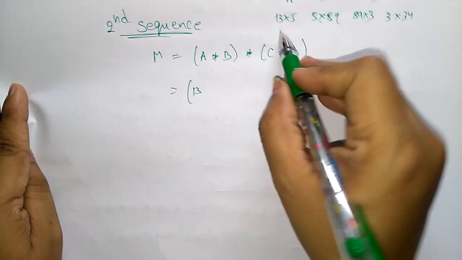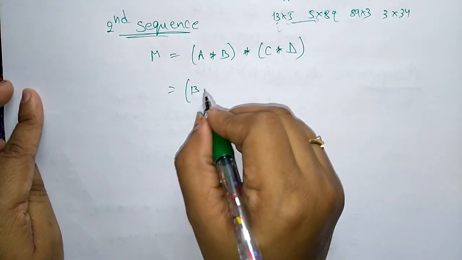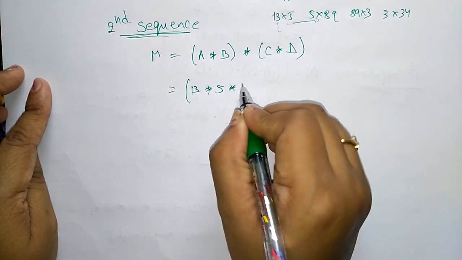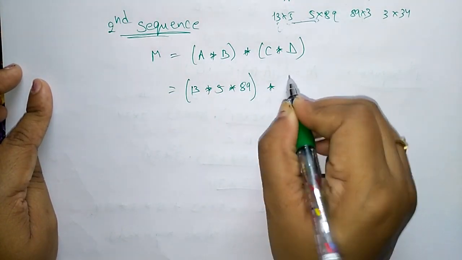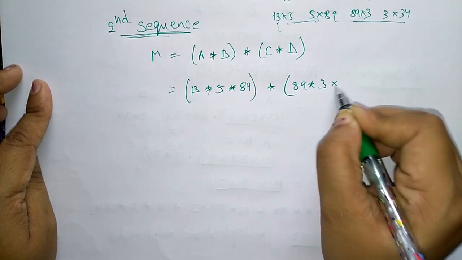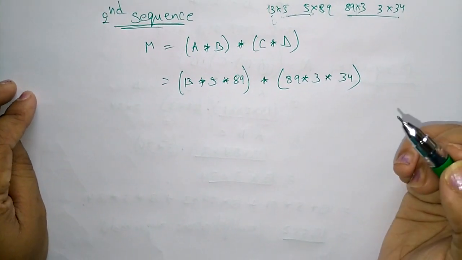So A into B. From this you have to take 13 by 5 by 89, 13 into 5 into 89. From these two, we have to take 89 into 3 into 34. Okay.